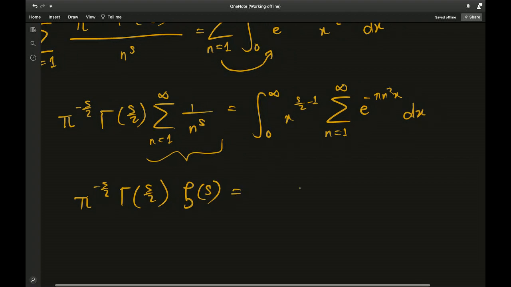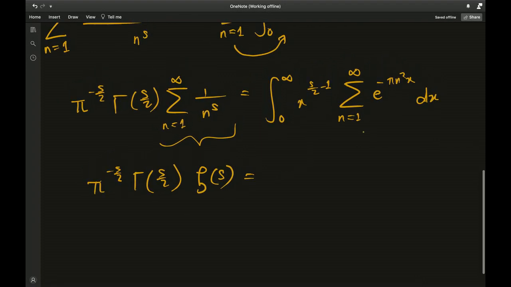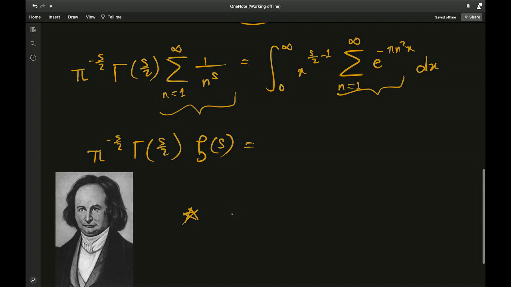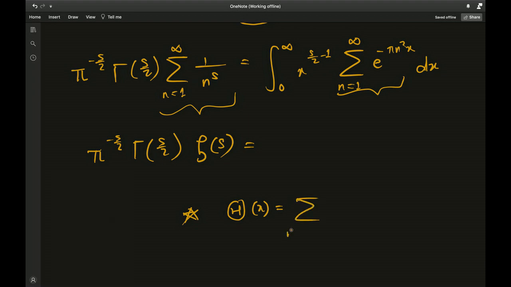Being equal to, well, this actually looks familiar, doesn't it? It does remind us of yesterday's Jacobi theta function. So the Jacobi theta of x was the sum from n equals negative infinity to positive infinity of e to the negative pi n squared x.